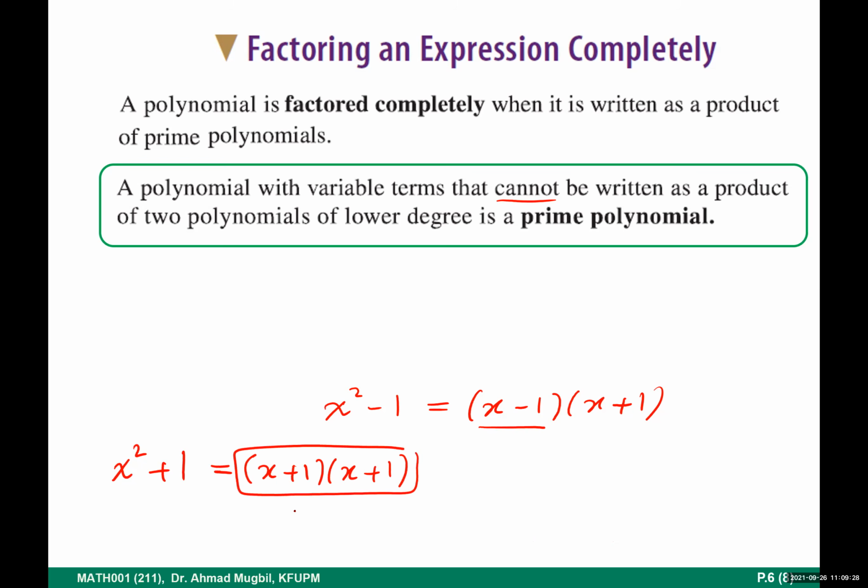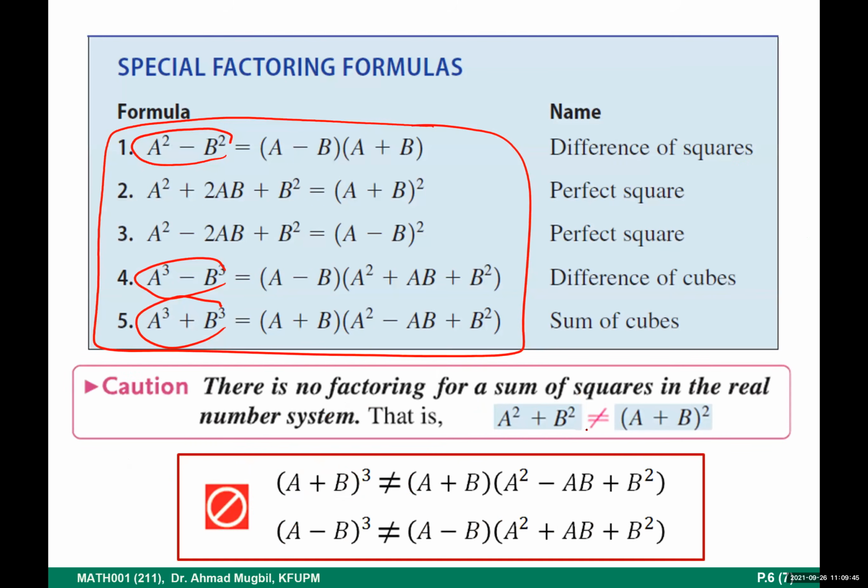What is this? This is x plus 1 all to the power 2. You have something multiplied by itself, so it is this thing squared. And what is this? This is x squared plus 2x plus 1. Be careful. It is the same mistake that I gave you a warning about. There is no factoring for a sum of squares.